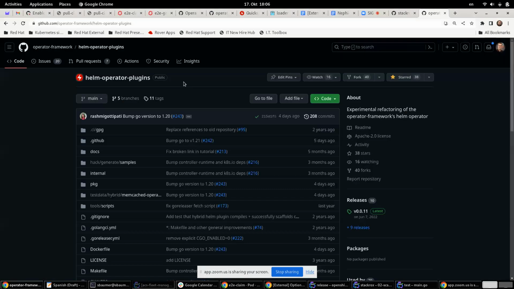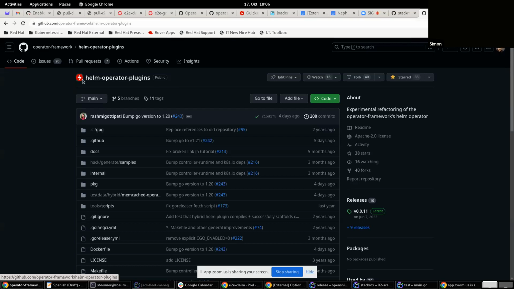Yes. So here I'm honestly a bit at the limit of my knowledge. The Helm operator plugins is supported by Operator Framework. It's also supported in Operator SDK itself. We used it at a time where it was not; at the time, it was in a private repo by Joe. We adopted it and used it. How I understand it now is that Operator Framework supports it. It's a plugin in Operator SDK to support hybrid operators like we do now.